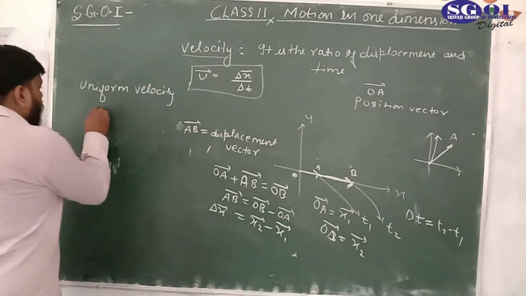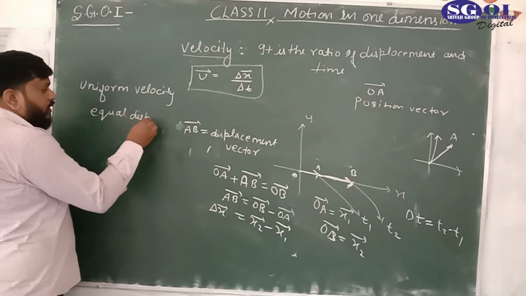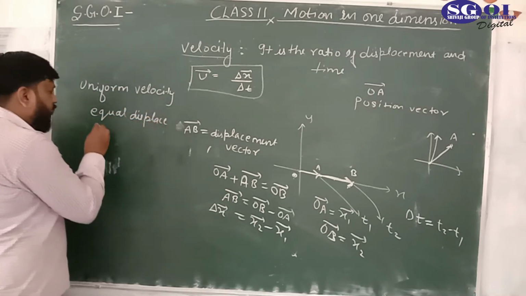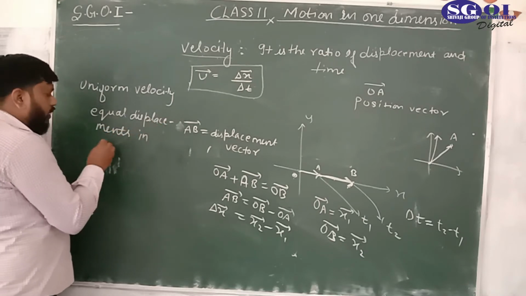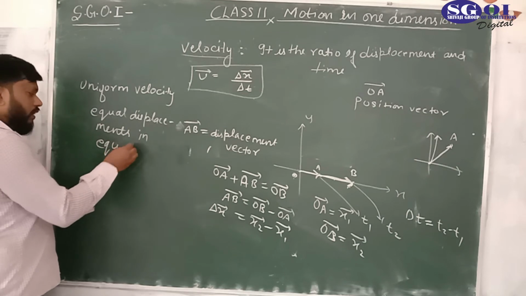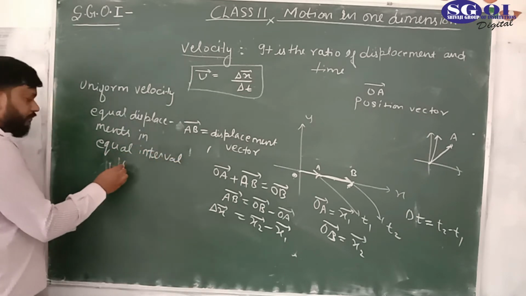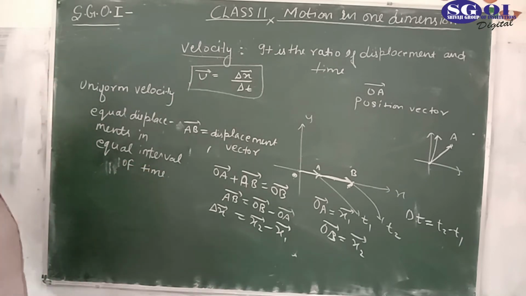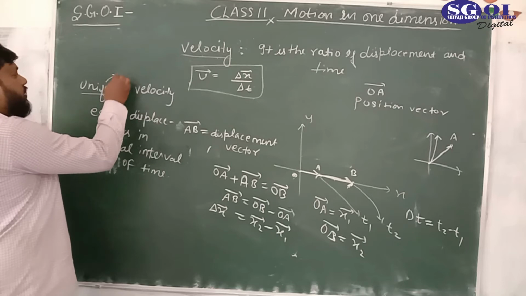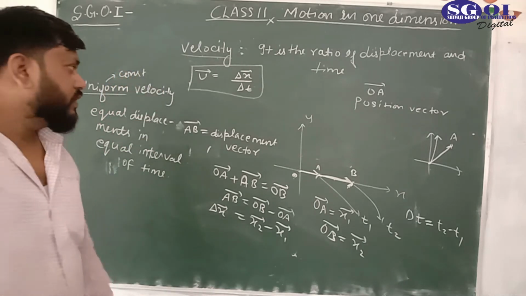Uniform means constant. It means the object is moving with a constant velocity.